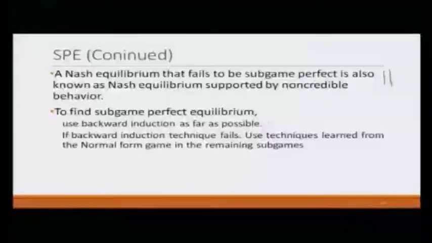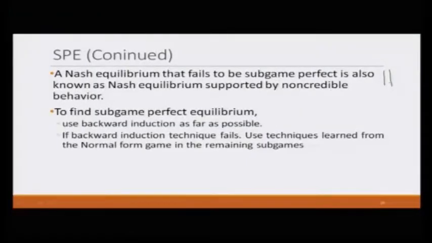Do not just write the outcome as the equilibrium. Equilibrium always means the strategy profile. Equilibrium should give one strategy for all of the players involved in the strategic interaction. And if the backward induction technique fails, use techniques learned from normal form games in the remaining game, not subgame, in remaining games.